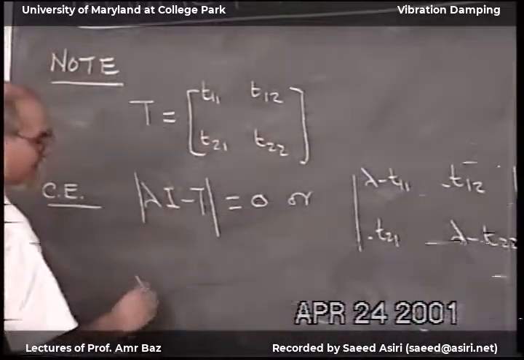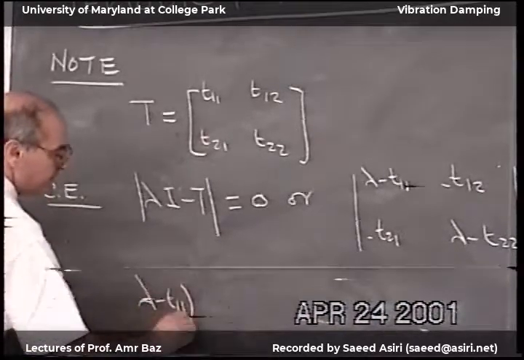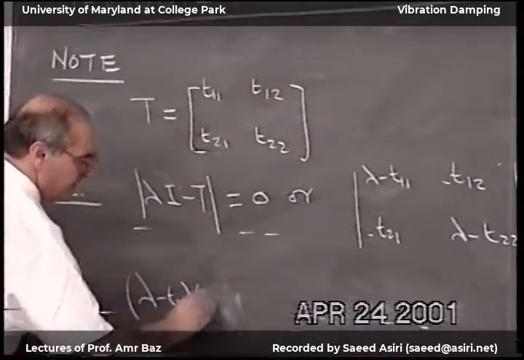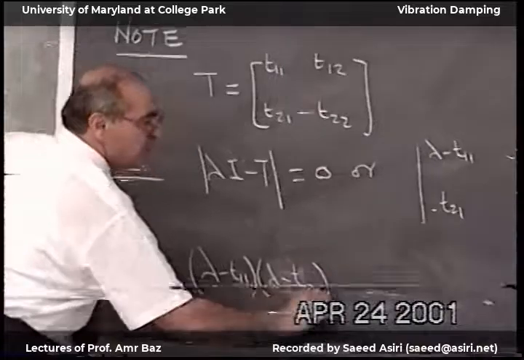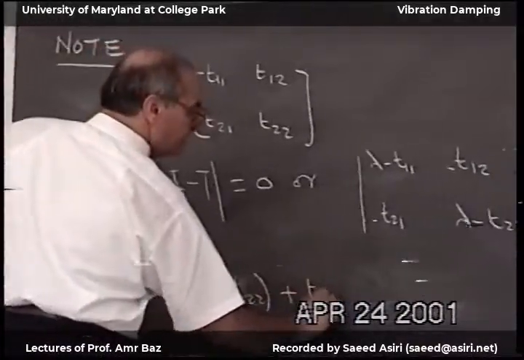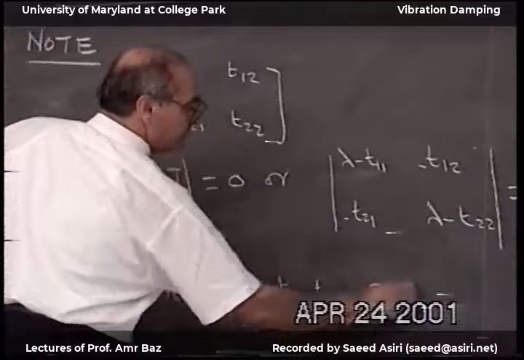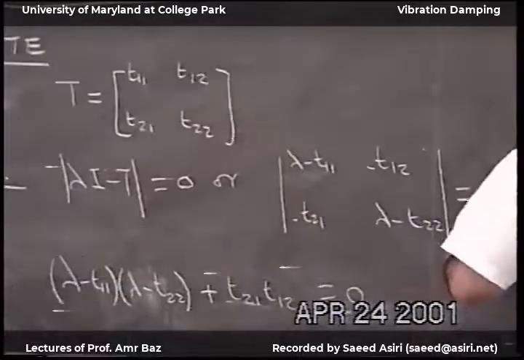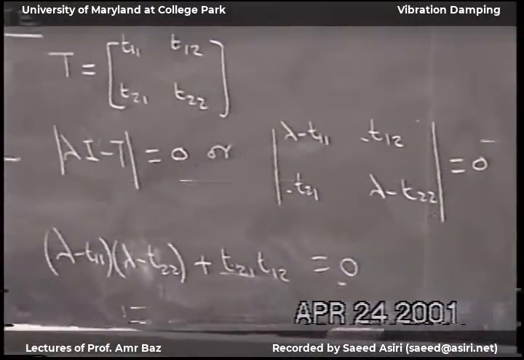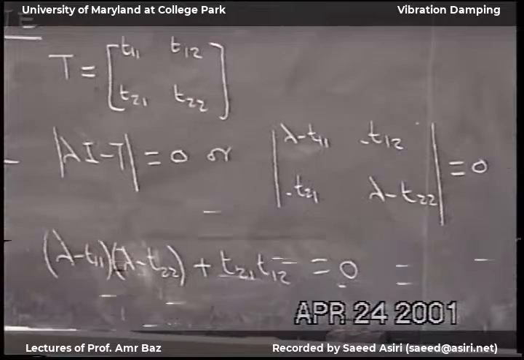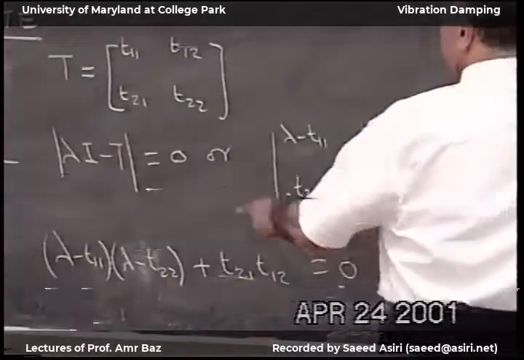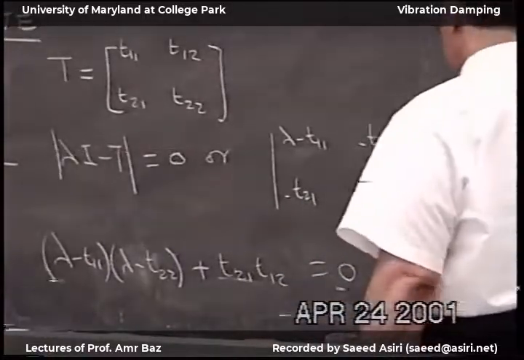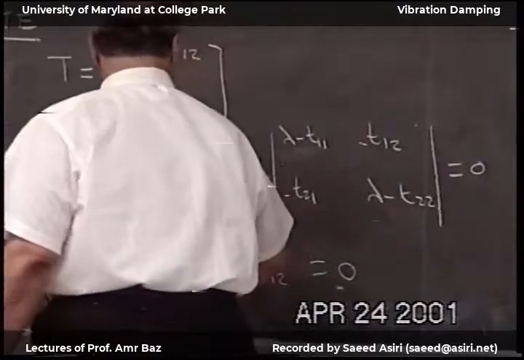When we expand, we'll have lambda minus T11, lambda minus T22 plus T21, T12 is equal to 0. So from here we have lambda squared. Minus, that should be minus T21, T12, sorry.